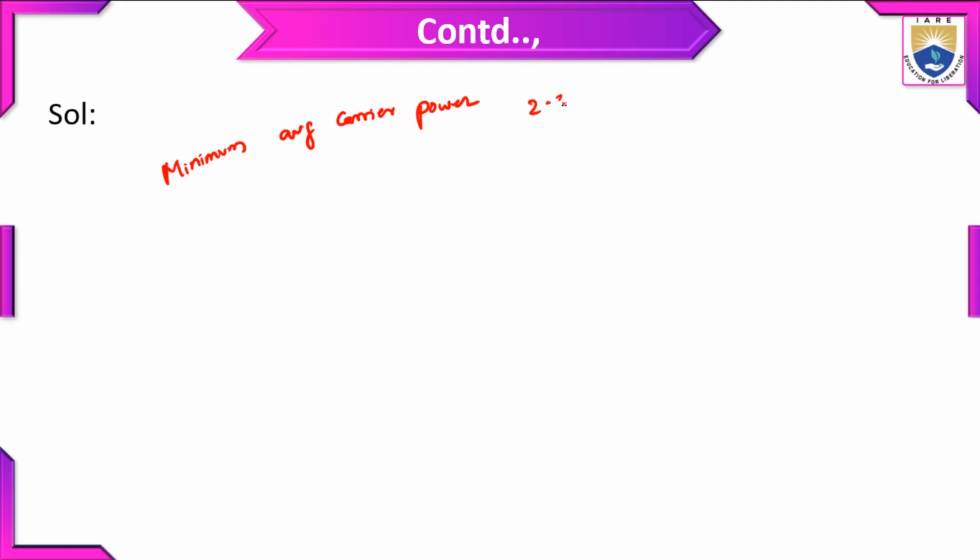It is 2.35 divided by square root, the RMS value, then 10 power minus 3. So this is the minimum average carrier power.